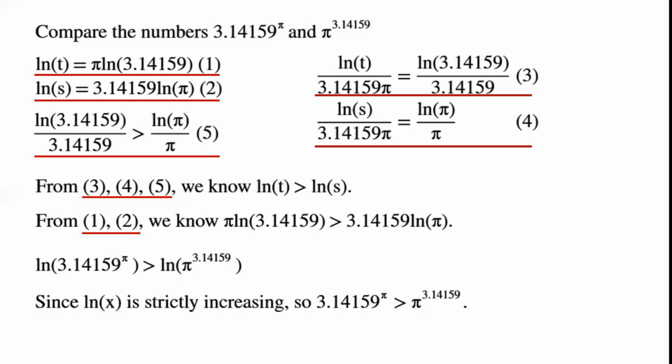Since ln x is strictly increasing, 3.14159 to the power of pi is greater than pi to the power of 3.14159. Now we have an additional problem.